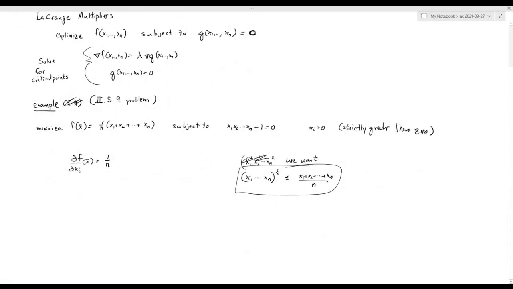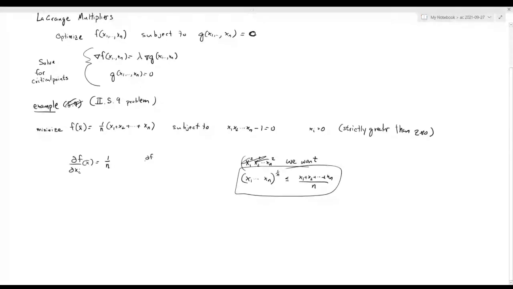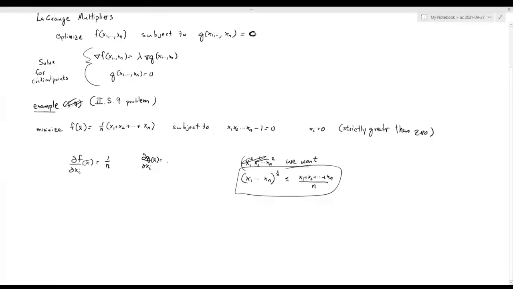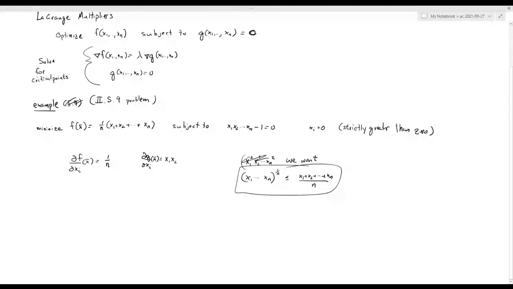well, and then what's the derivative of g with respect to xi? So that's a little bit more abstract because it's hard to figure out how to denote that. That's just everything except x1. Yeah. So the way we can write that is it's just the product of all these, including xi, if you will, but then we just take out xi.